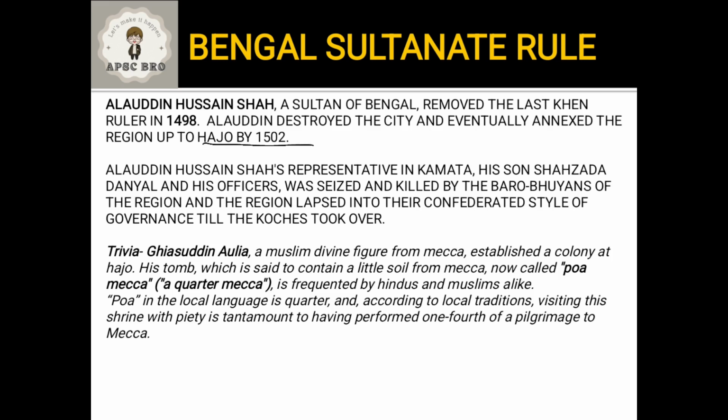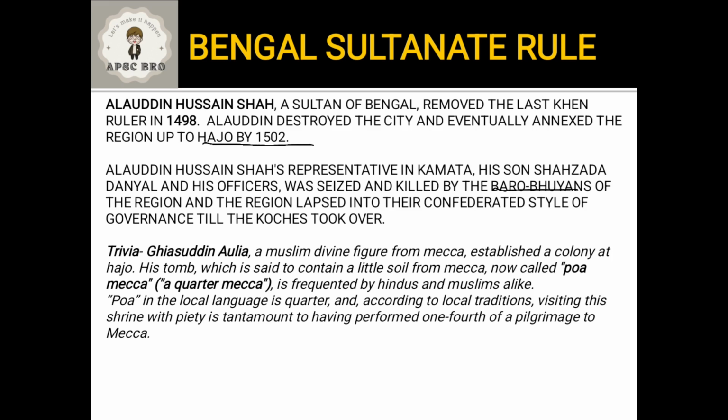Now, because at that time there was a tussle between the Mughals and the Sultans, he had to concentrate his power and attention towards the Mughals. So what happened is that he left his representative in Kamata, his son Shahzada Danial, and his officers. Taking advantage of this, the Baro Bhuyans killed those people and captured the power.